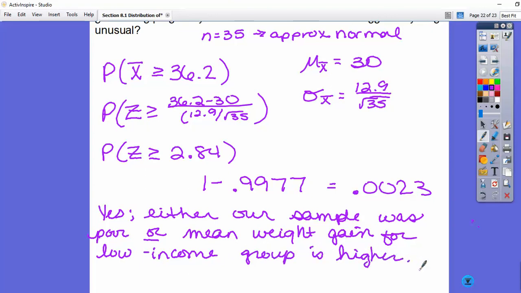So we would have to do more to figure out which of those cases it is. But we know that's unusual, so either it was a result of the sample we picked or our assumption that the mean weight gain for that group is the same would be false.